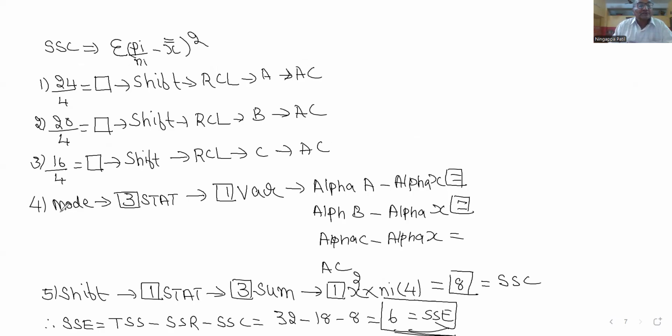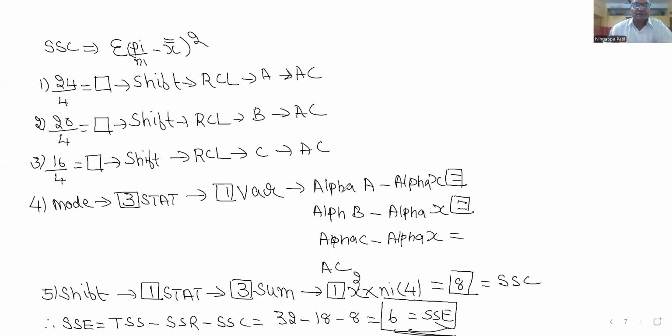Now look here, in the same way that you did earlier, you have to do here. Then 4th step, press the mode button, 3rd button, the start mode button. 3rd button, 3, and then 1 button, variable. Look here, the column opens there.